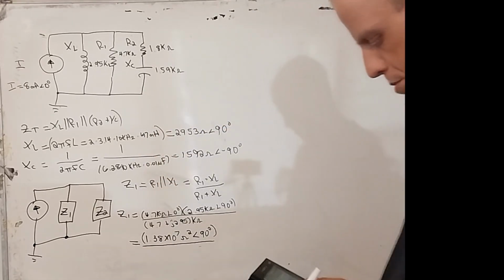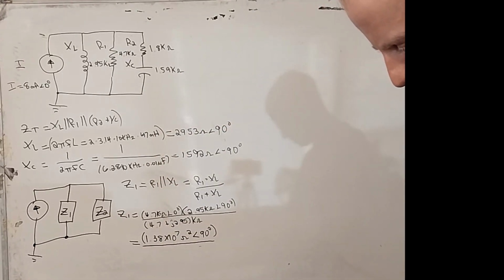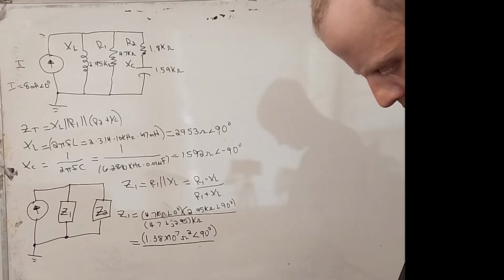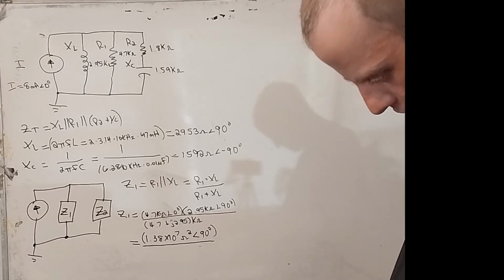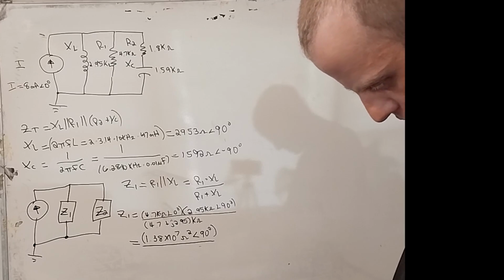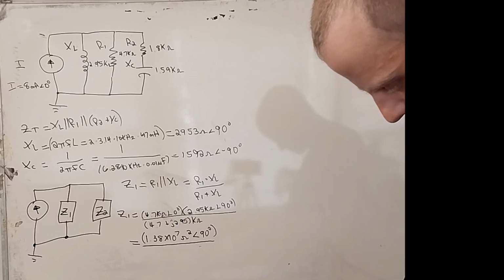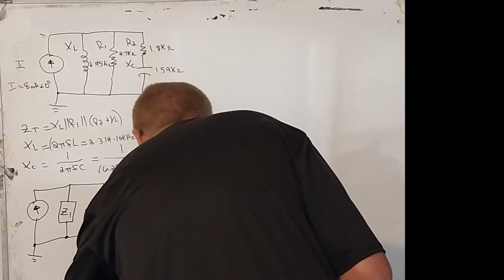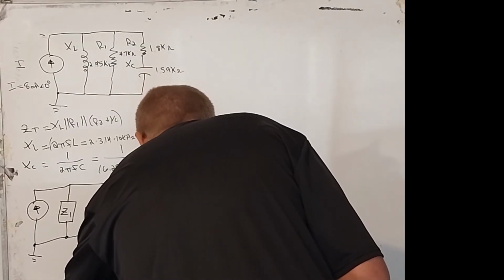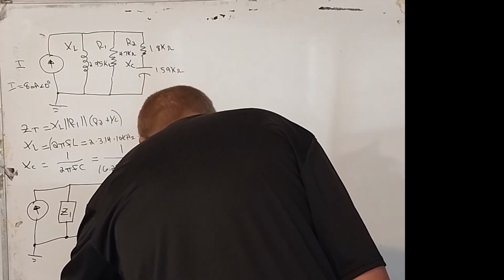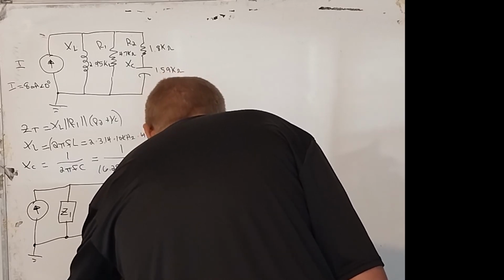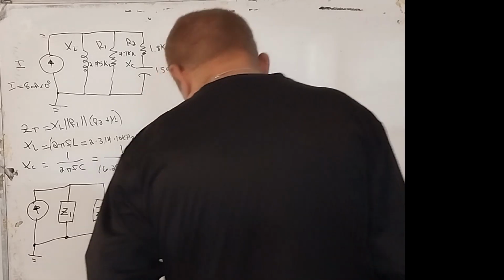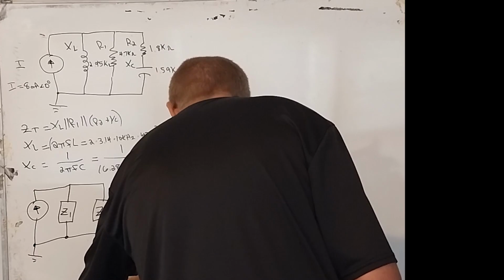The degrees is, but I forgot to square the 4700 when I did this value. You got to be very careful with these calculations. You got to make sure you do it right. 5551 at an angle of 32.1 degrees.